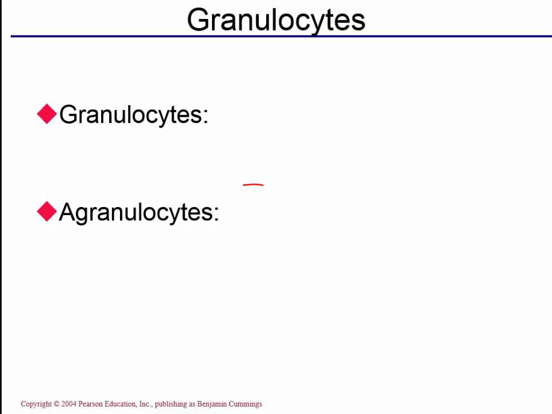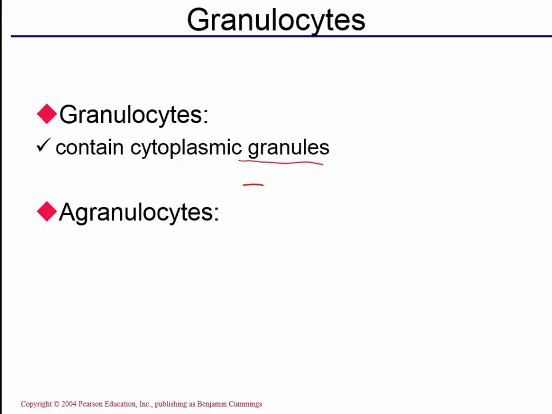There are two types of leukocytes, granulocytes and agranulocytes. Granulocytes contain cytoplasmic granules. These granules contain enzymes such as peroxidases and hydrolytic enzymes, and other chemicals which help fight pathogens.